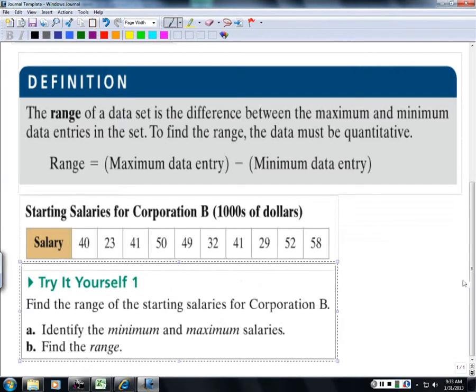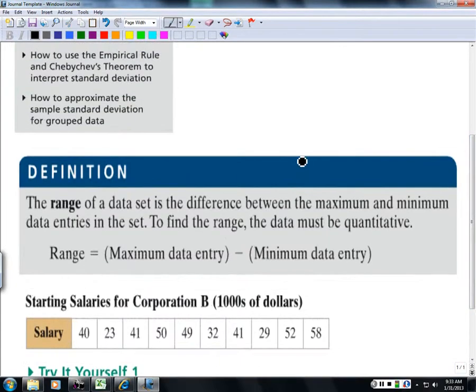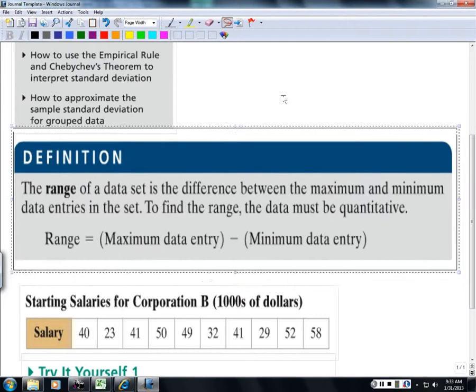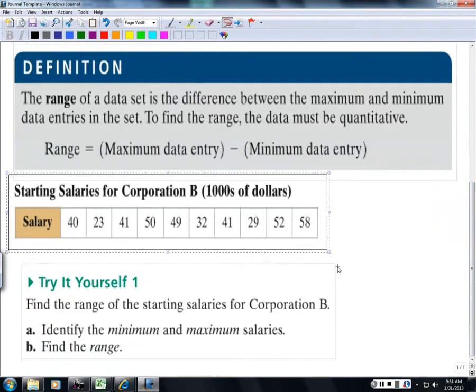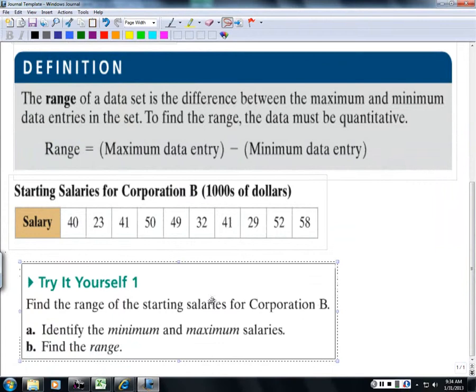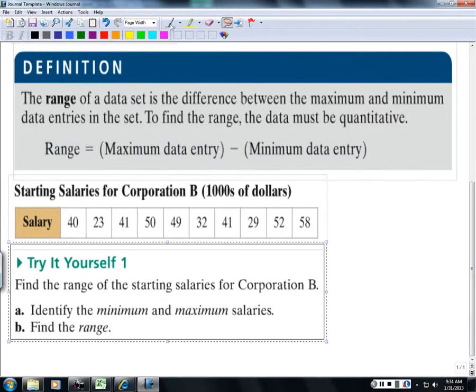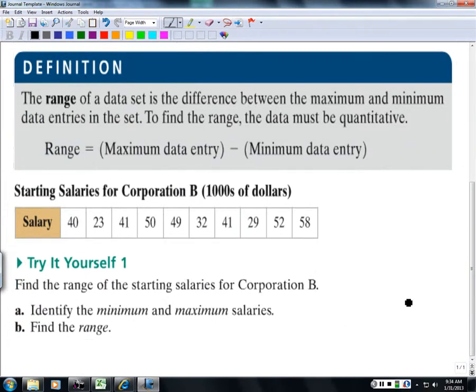It says find a range of the starting salaries for Corporation B. You want to identify the minimum and maximum values, and then you want to find the range.